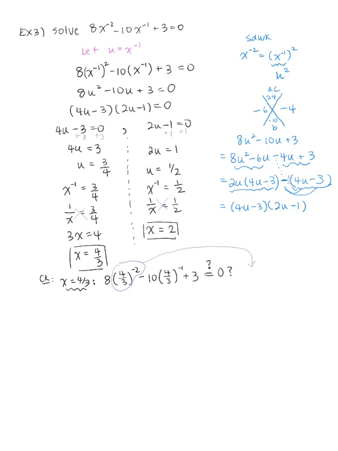Alright, so remember, if I had something like y to the negative 2, that's the same thing as 1 over y squared, wasn't it? So pretend that y is 4/3. Then 4/3 to the negative 2 is going to be 1 over 4/3 squared.